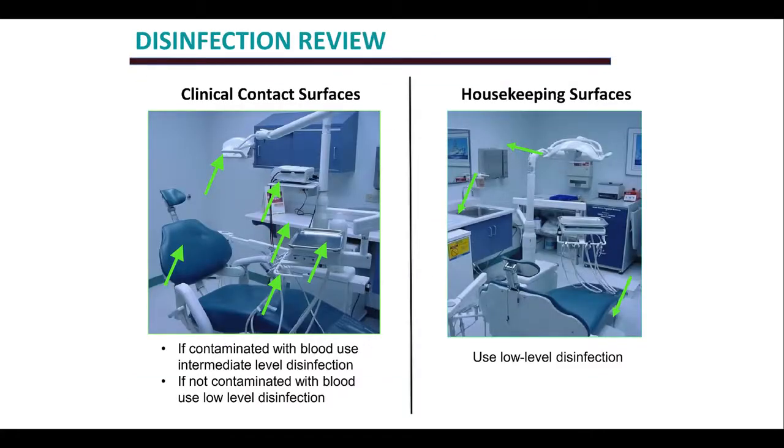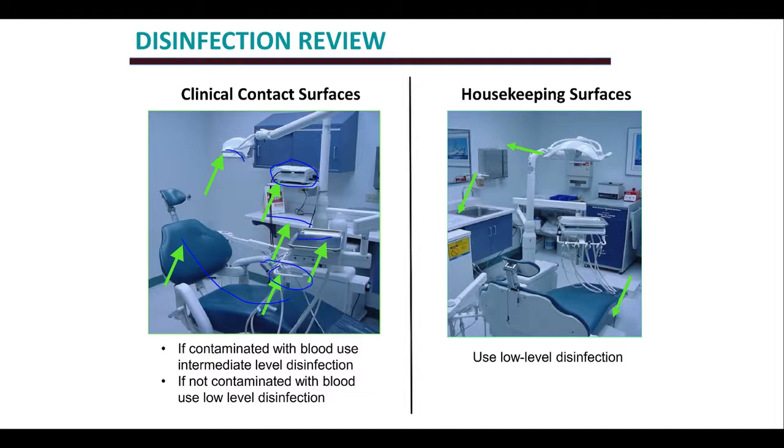Here are pictures reviewing this information. Clinical contact surfaces on the left here would be light handles, the ultrasonic unit, countertops where we put our instruments and supplies, the bracket table, the operatory chair, other handles.